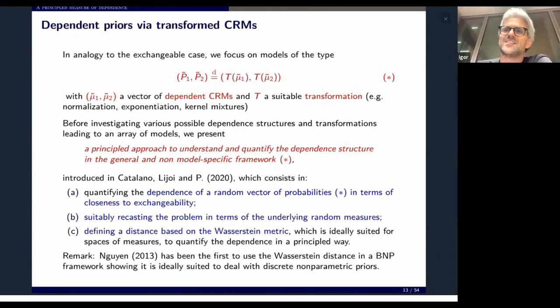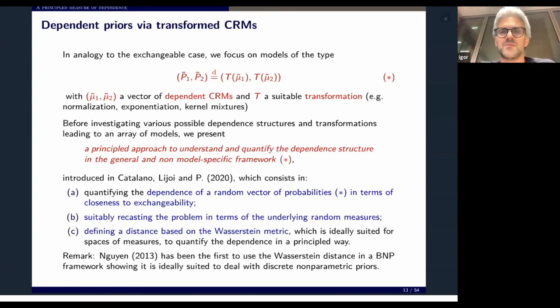And so let me consider this situation. It's just a generalization of the situation I considered yesterday. It's the obvious one. We say our random probability measure is a transformation of a completely random measure. In this case, I have a vector, so I will have to transform a vector of completely random measures, with a suitable transformation, which I don't set for the moment.